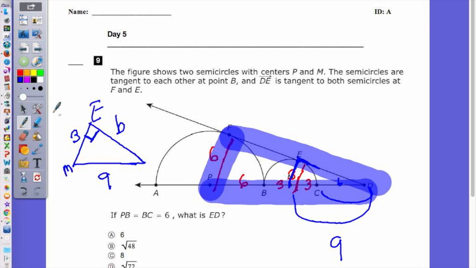So 3 squared, which is 9, plus b squared, which we don't know, and the hypotenuse is 9. So 81 minus 9 is 72. So if b squared equals 72, b is the square root of 72.